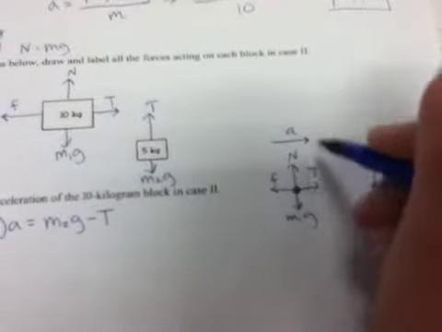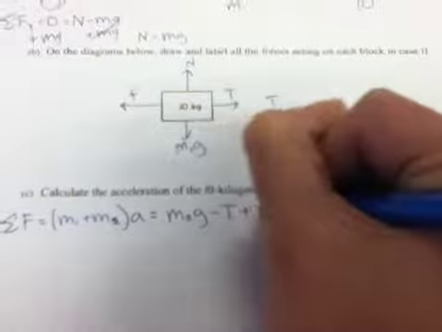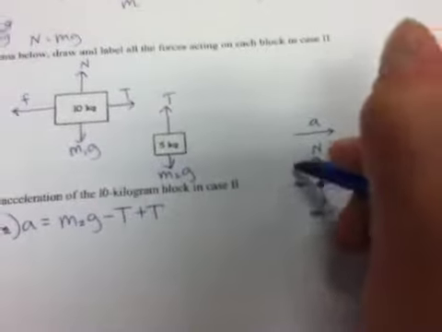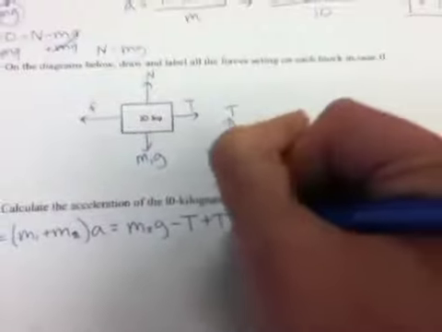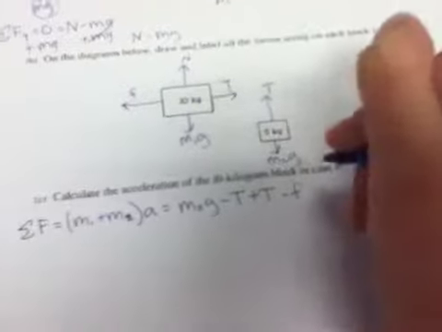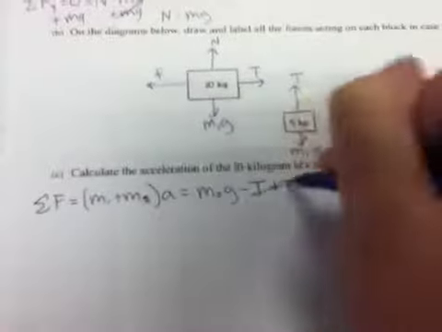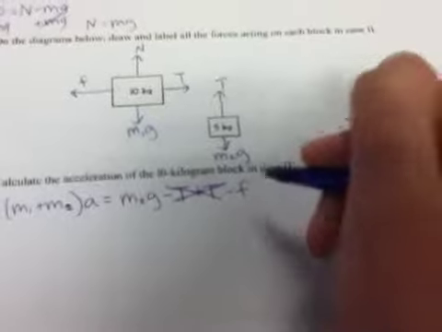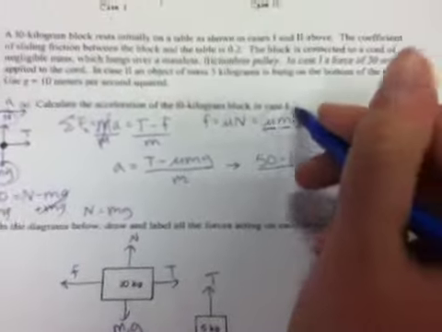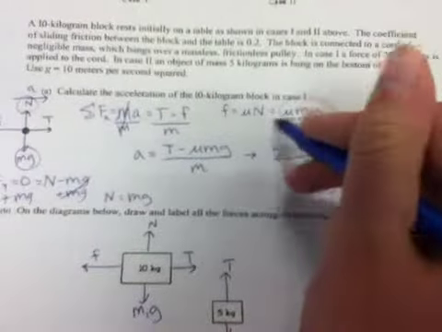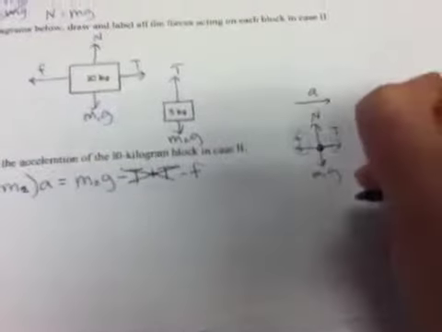But then we have plus t because it's going the same direction as the acceleration. And then minus f because it's going opposite, minus that frictional force. And so again, our t's cancel out, and remember our F is going to be the same as this frictional force. So the frictional force is going to equal mu mg basically.